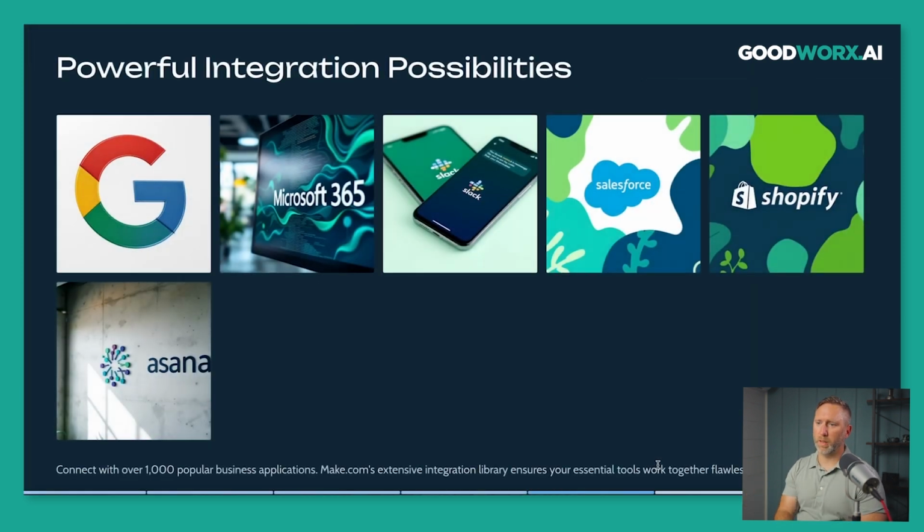So again, Make.com already has over 1,000 popular business applications, already have modules pre-built for you. You don't have to search or build your own. So for example, we have Gmail, Microsoft 365, Slack, Salesforce, Shopify, Asana, you name it, they've already got it built.